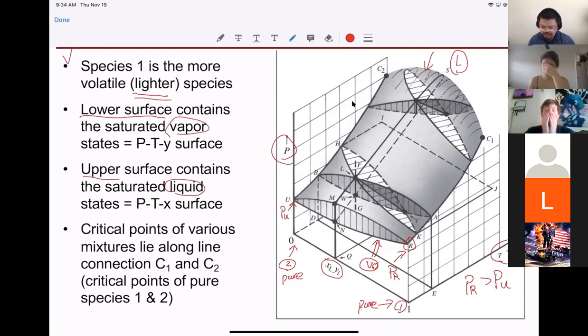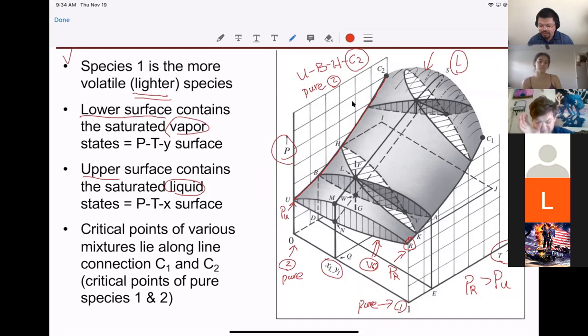And also over here, you can see that we have a very interesting curve, if you are following my iPad highlight. When you read this line for UBHC2, we are looking at pure component 2 all the way up to the high pressure, high temperature region. And C2 is the critical point of pure component 2, right?